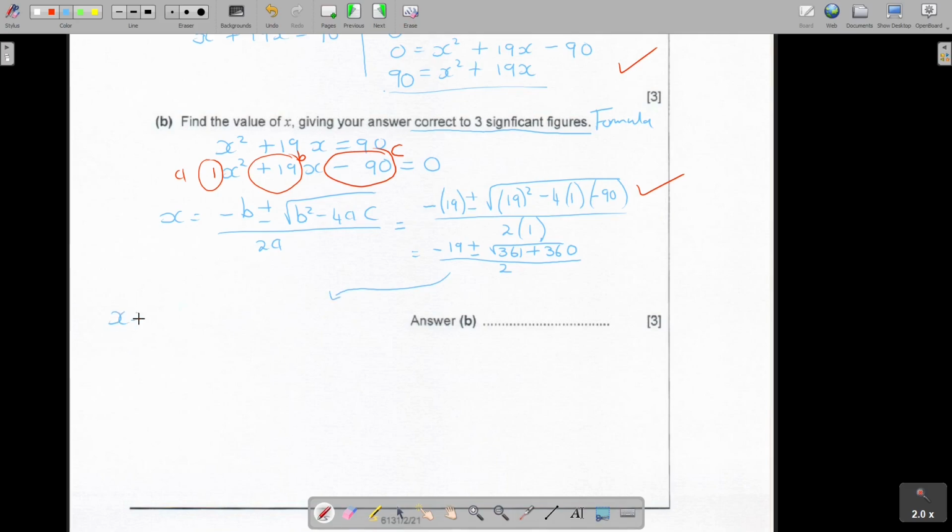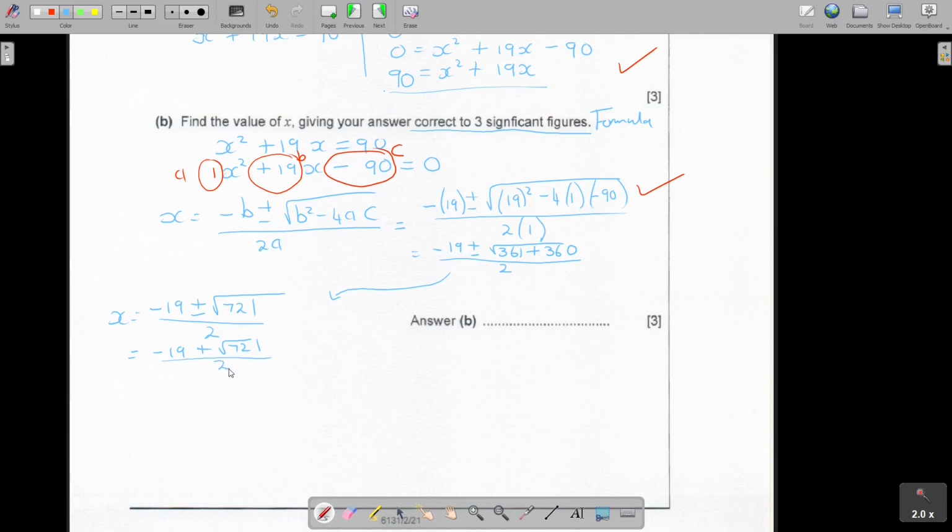So x is going to be negative 19 plus minus the square root of 721, over 2. Now you're going to take your calculator and press negative 19 plus square root 721 equals, divide 2.